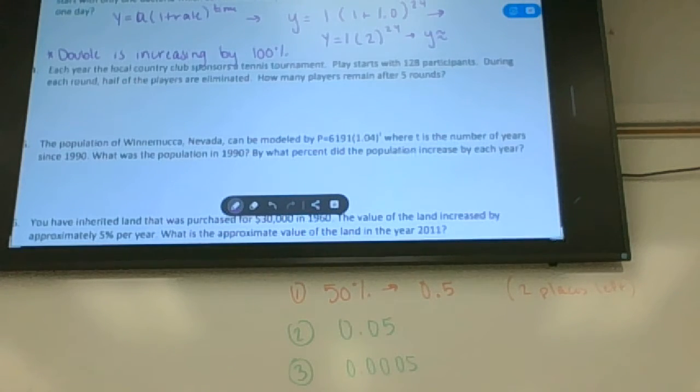I'm tempted to put that in scientific notation. Read it. I don't even know if I did it right. It's the y to the x thing, right? Oh yeah, I did it right. 16,777,216 in one day.